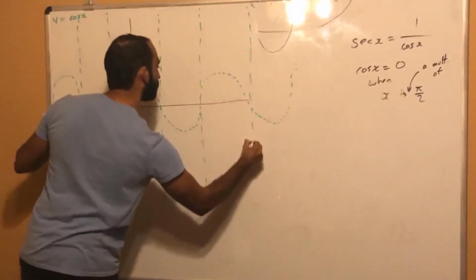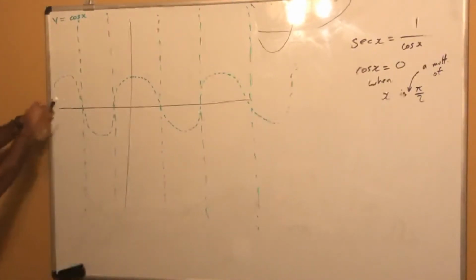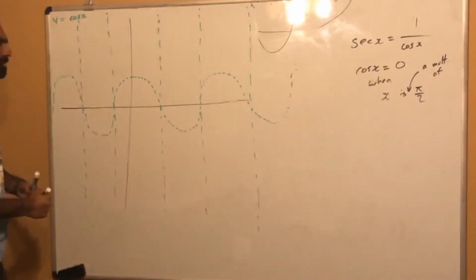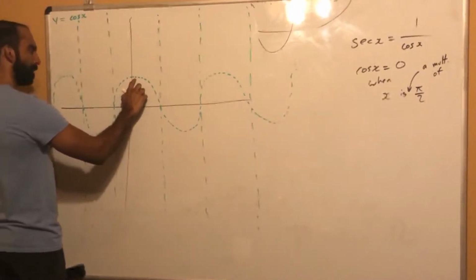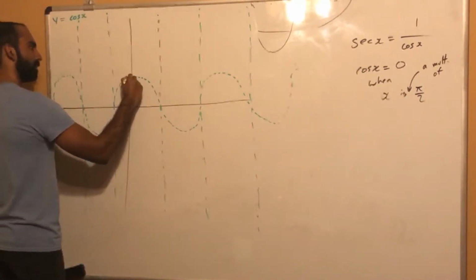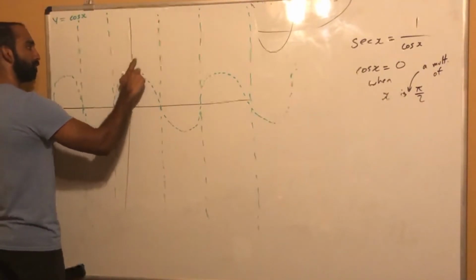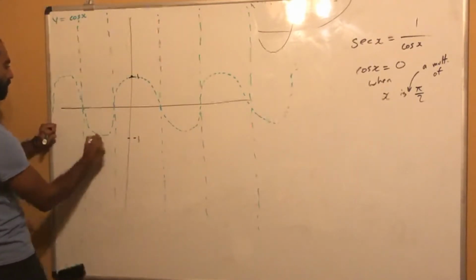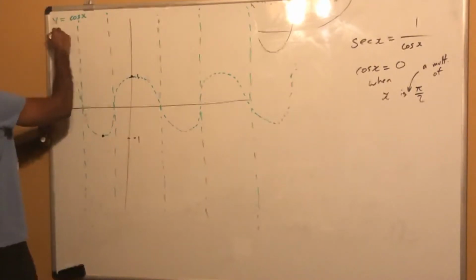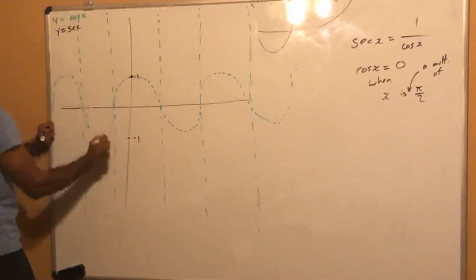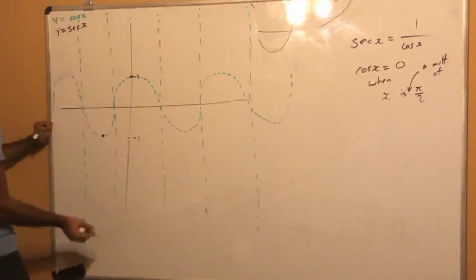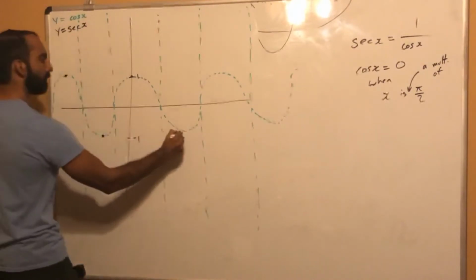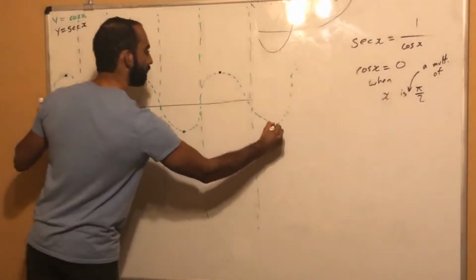Now let's finish it off because the cycle repeats, with exactly the same argument. Just pick it out of the top of the hills. Divide 1 by it. So 1 divided by a positive 1, 1 divided by negative 1 gives you a point for secant right there, there, there, and there.